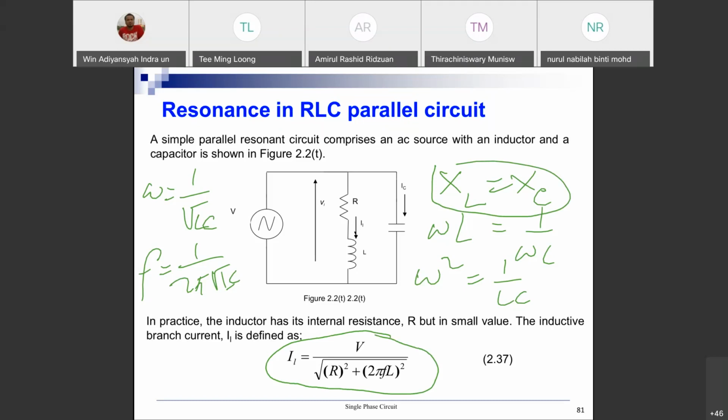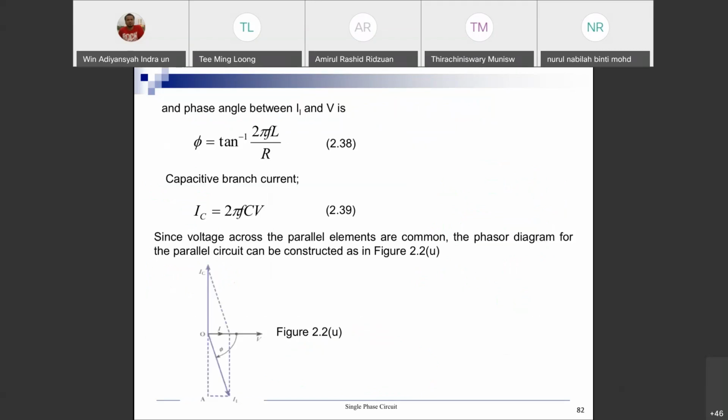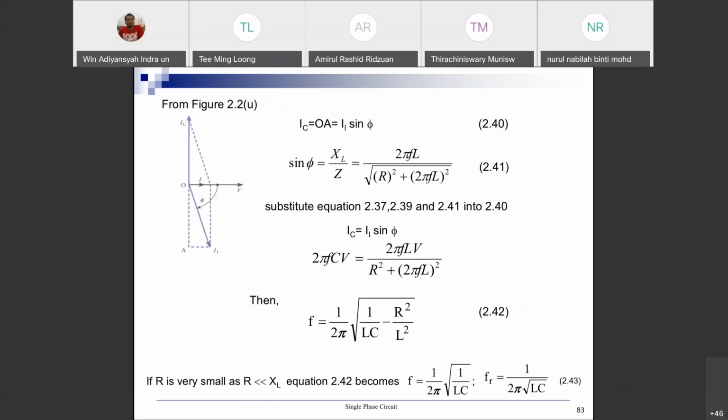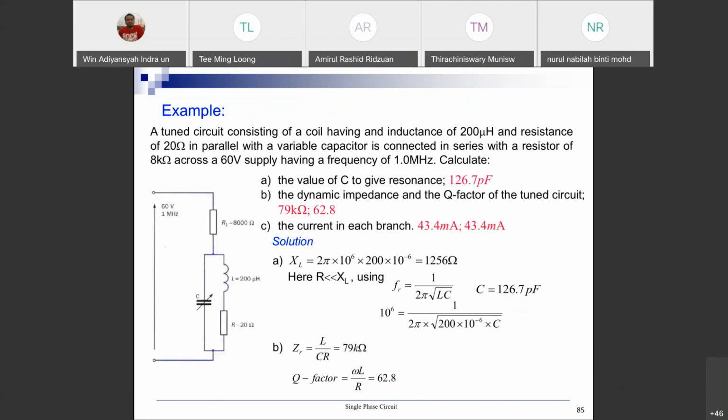You can take a look at the textbook later for the detailed explanation of this slide. It's all there. Okay, this one, skip this one, series.